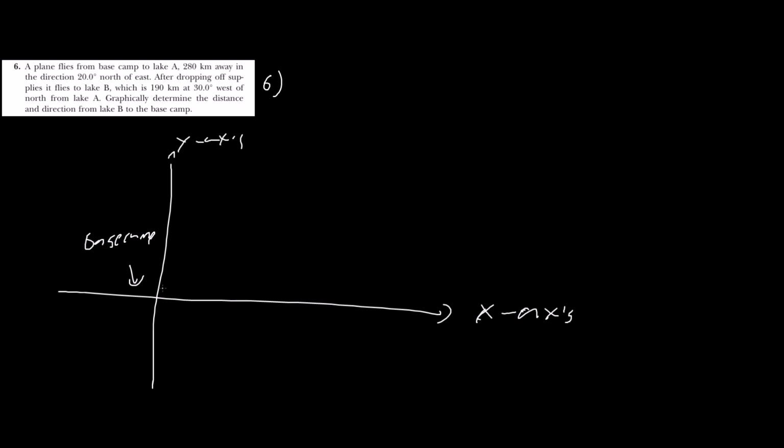Starting from here, this would be 280 kilometers, and this is going to be 20 degrees right here. So 20 degrees north of east, 280 kilometers. And after dropping off the supplies, that's Lake A right there.